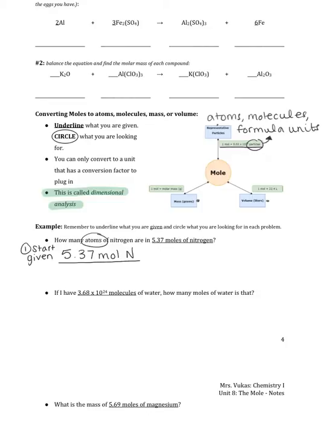What you're given, you want to write the number, the unit, and the substance, whether it's an element or a compound. The way we do dimensional analysis is we set this up in fractions. The second step is we take whatever the unit and the substance is and bring that down into the next fraction.